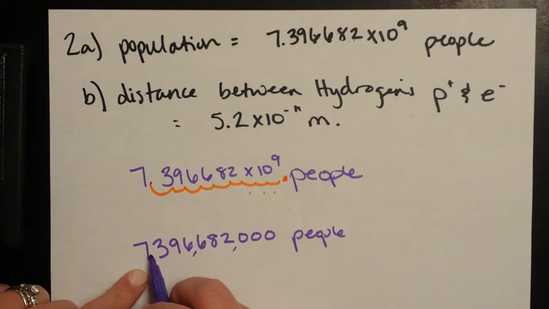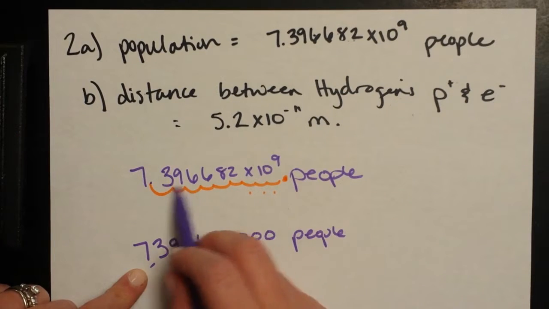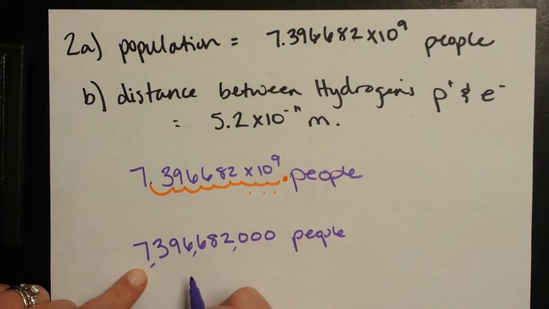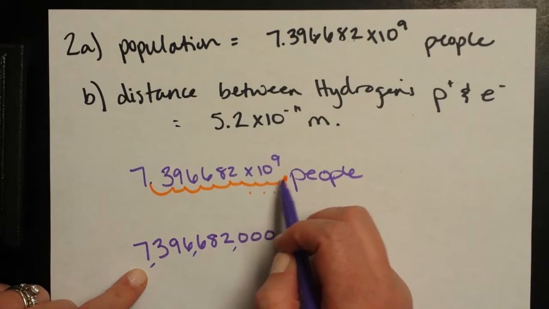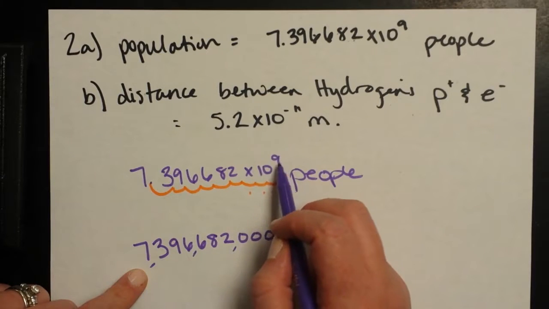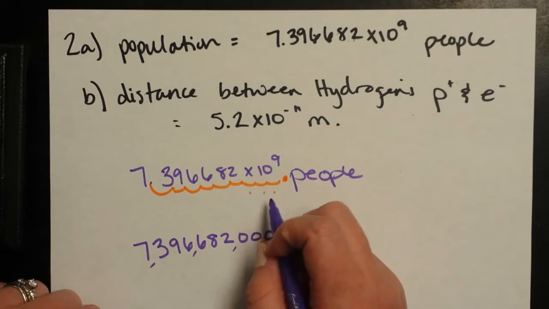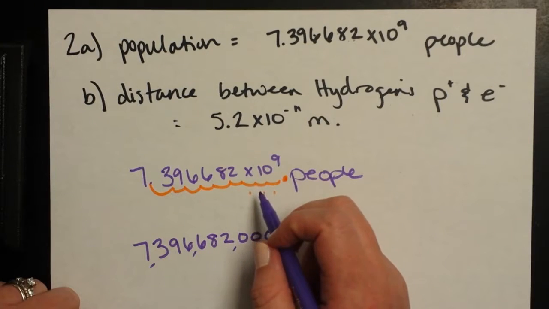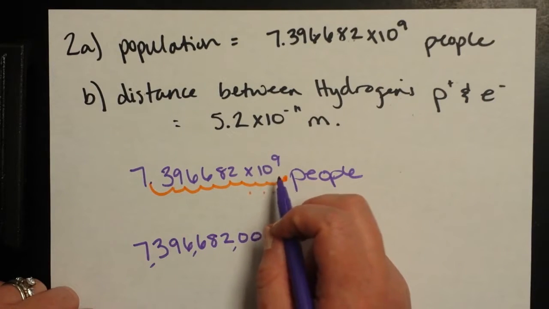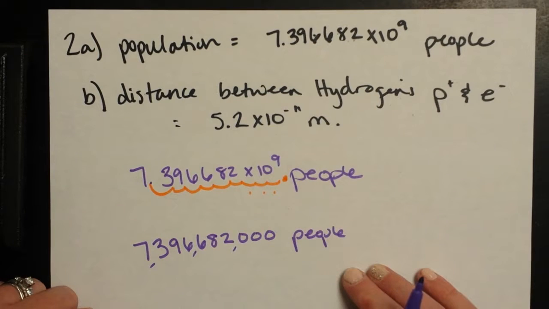So a lot of the times people round this up to say 7.4 billion people. And billion is just times 10 to the 9 anyways. So if you get more familiar with your exponents and knowing that billion is 10 times 10, 9 times, you know, million is times 10 to the 6. You'll understand those orders of magnitude a lot better, but that comes with practice.